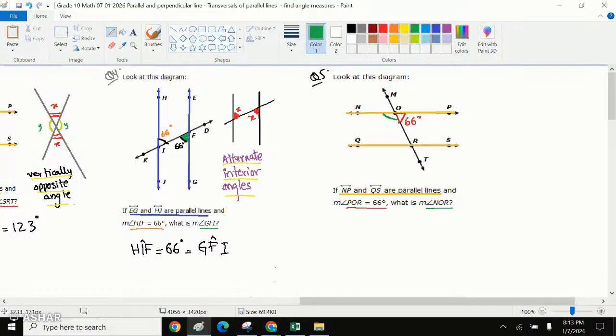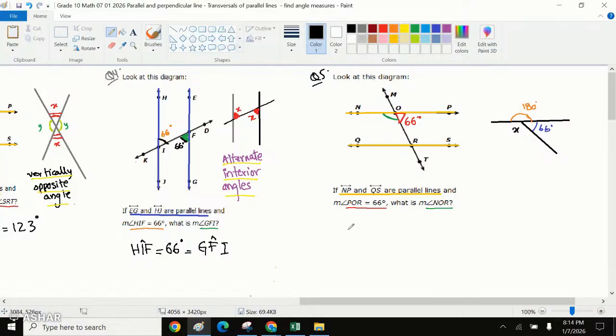We did an example previously where a line is divided into two angles. If this is 66 and the total angle was 180, then what should be the value of x?